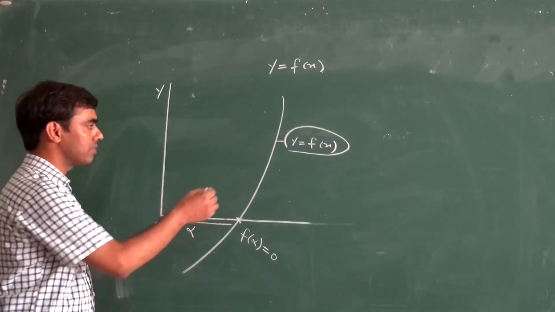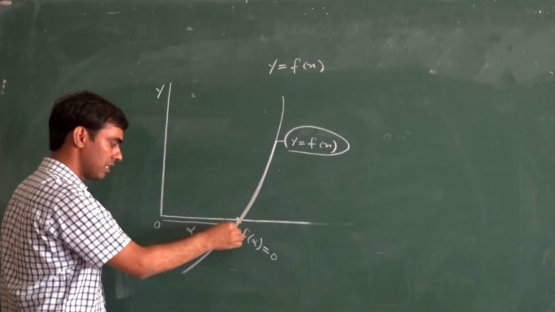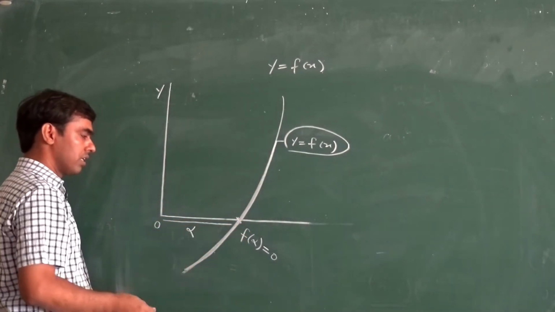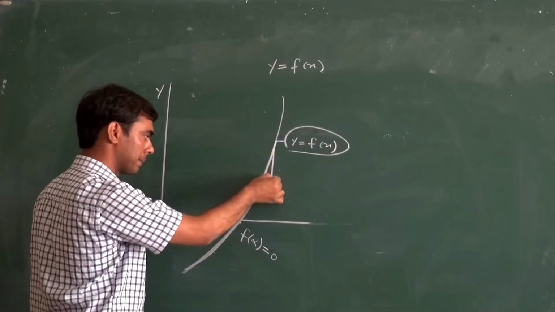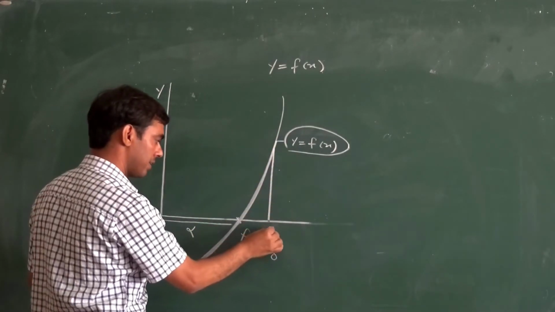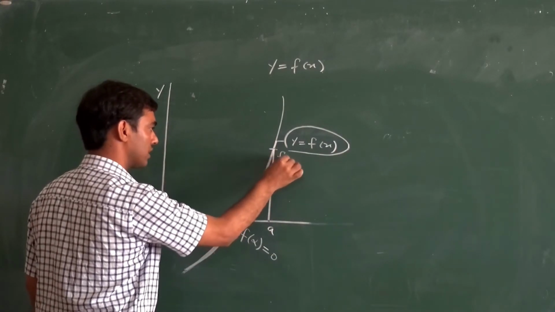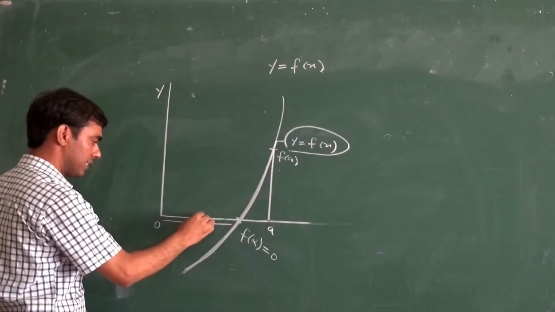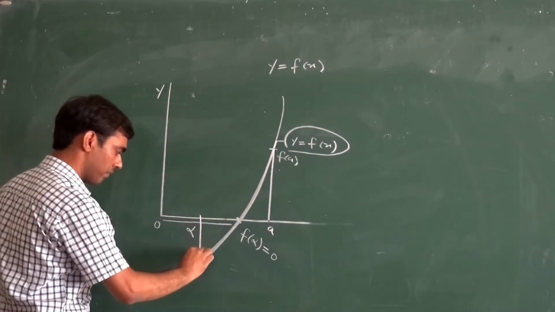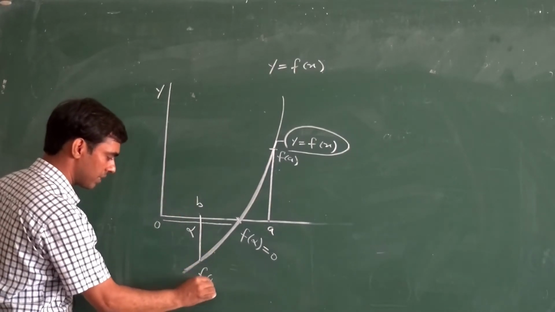So, if we closely observe this function, suppose there are 2 points. Suppose this one is point A, and the value of the function at this point is f of A, and this one is another point B, and the value of the function is f of B.